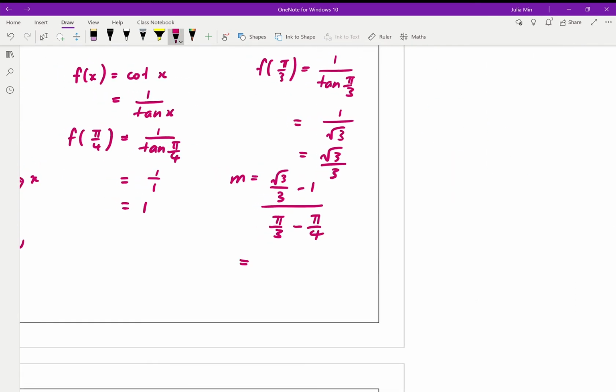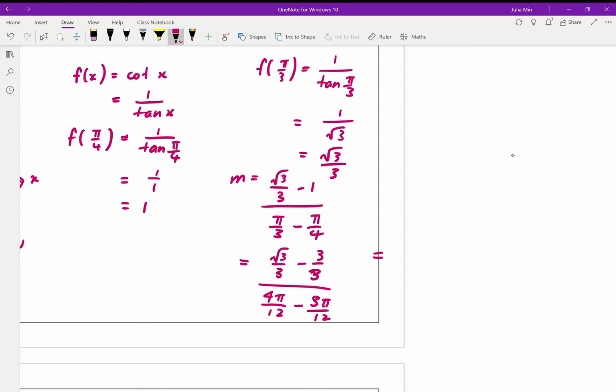Okay, and then when I do the denominator and numerator separately, I end up getting root 3 on 3 minus 3 on 3 to make it the same denominator at the top. And then I do 4 pi on 12 minus 3 pi on 12 at the bottom to make the denominators of the bottom the same.